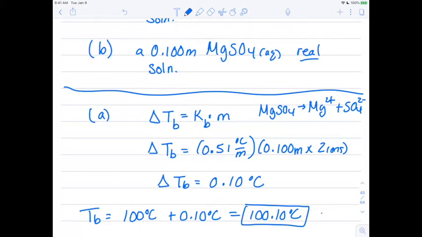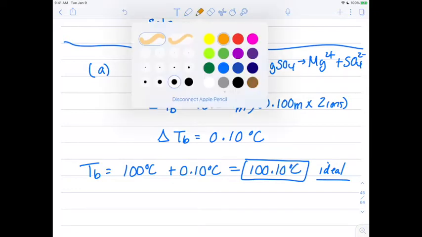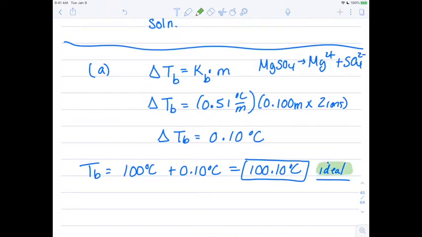This right here is in an ideal solution. So this is very similar to what we did in the past. Any questions on this one for the ideal solution? Okay. So I'm going to go ahead and highlight this is an ideal solution, and therefore it broke up into a perfect 2 ions, these 2 ions right here.